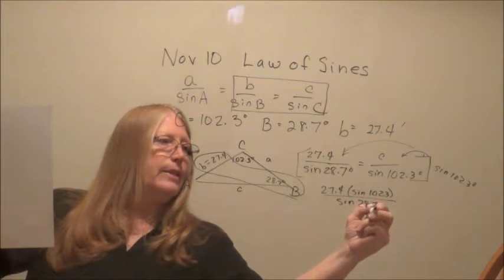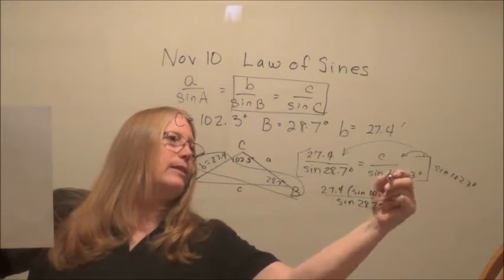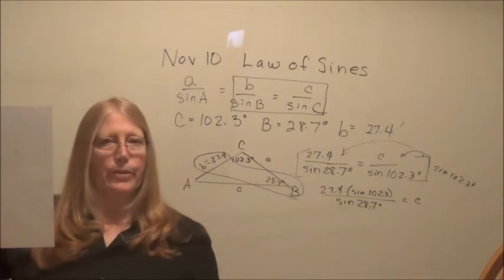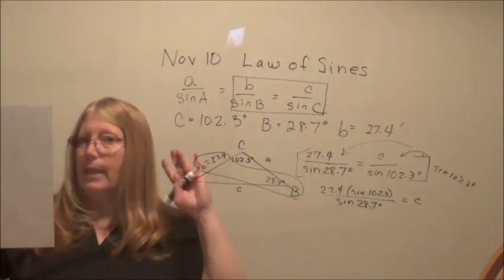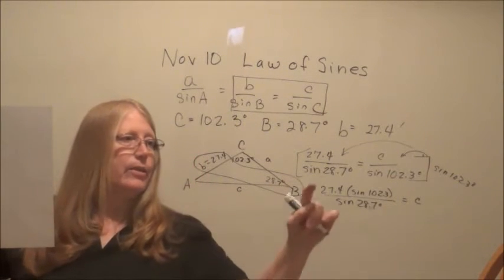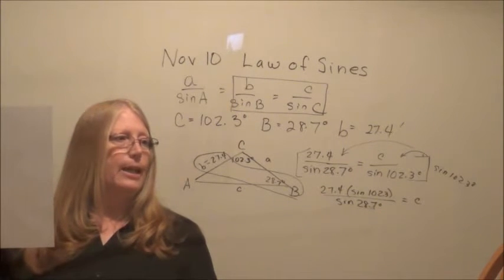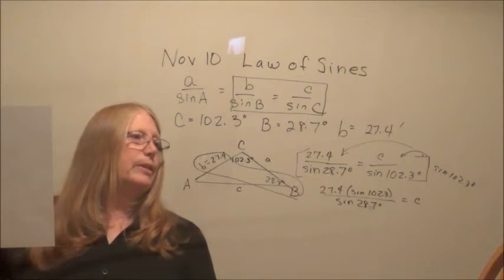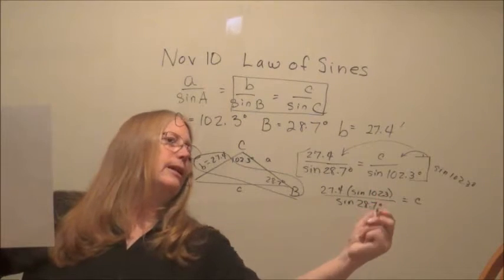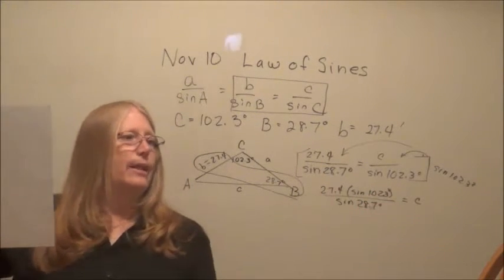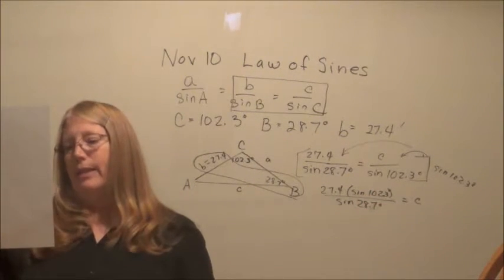The denominator is the same. And over here, this is gone and it equals little c. So tippy tap. Do I hear the calculators going? 27.4 times sine of 102.3 degrees divided by sine of 28.7 degrees.